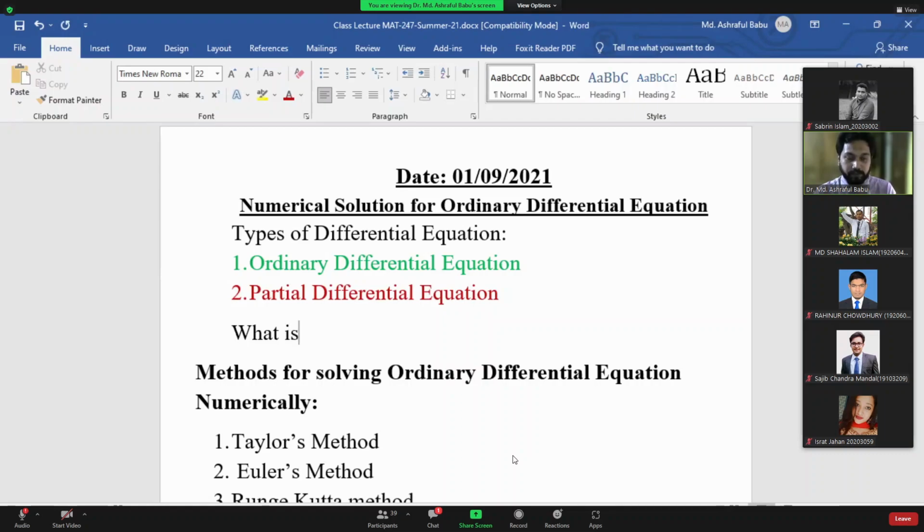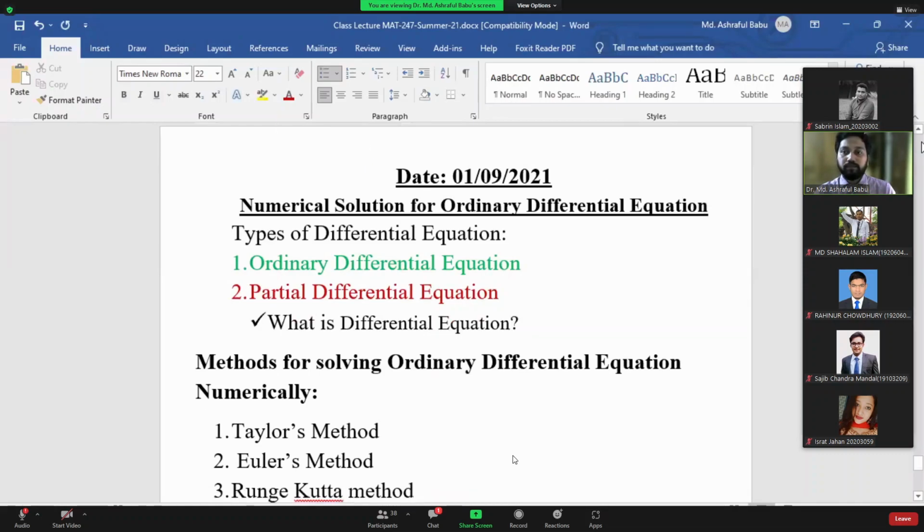What is a differential equation? So that's the first question we have to ask ourselves.